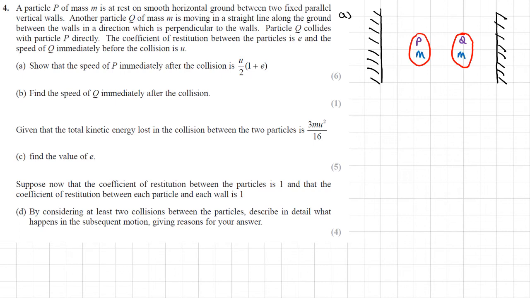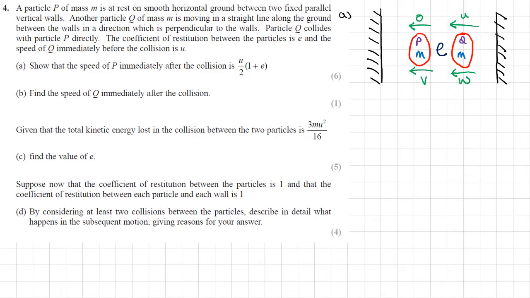Before the collision we have Q moving towards P at speed u, and P is at rest. The coefficient of restitution between them is e, and I want to find the velocity of P after the collision, so I'll call these velocities v and w.